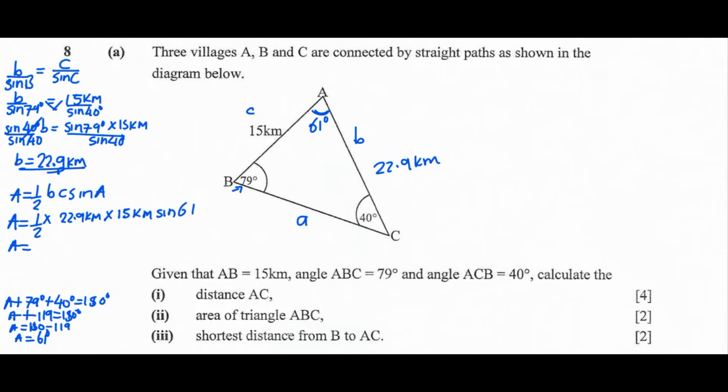It's 22.9 times 15 times sine 61. So I'm getting 300.431869 kilometers squared over 2.